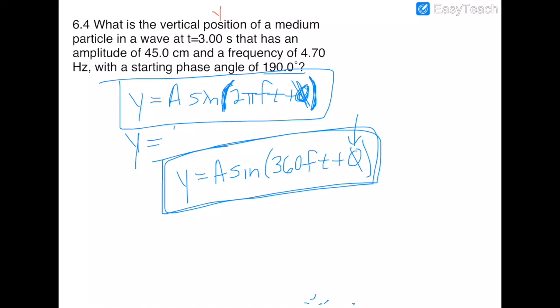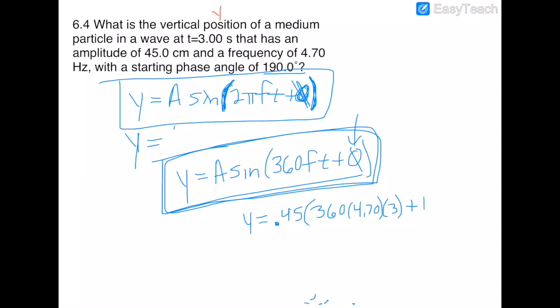So let's solve this particular problem. y would equal the amplitude, and the amplitude is 45 centimeters. That needs to be in meters, so the amplitude would be 0.45 times the sine of 360 times the frequency, which is 4.70 hertz, times 3 seconds, the time, plus the starting angle.